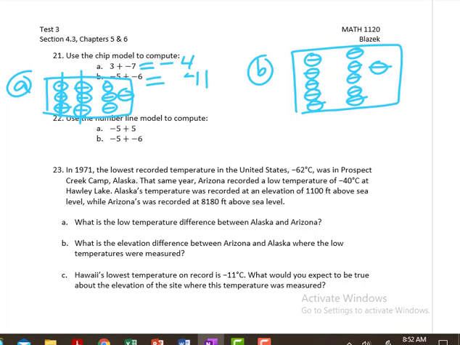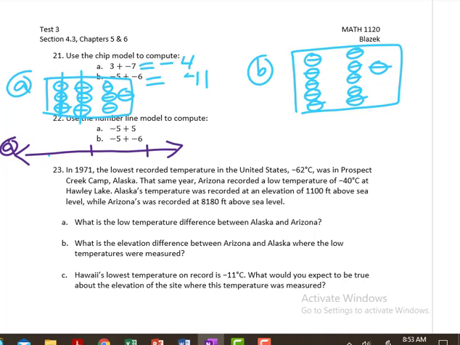Number 22, use the number line model to compute. Okay, so I need a number line for number 22. I'm going to have 2 different number lines. So for A, here's my 0. Look at the size of my numbers.